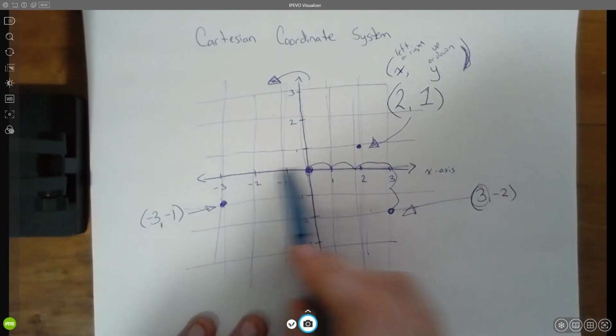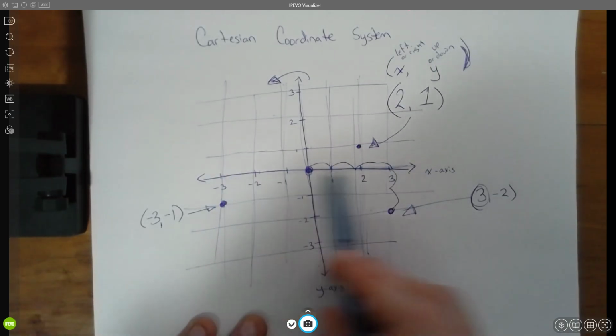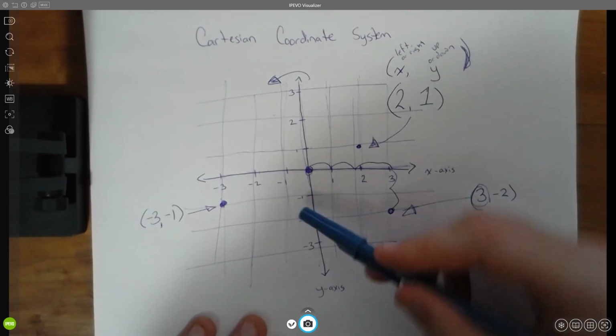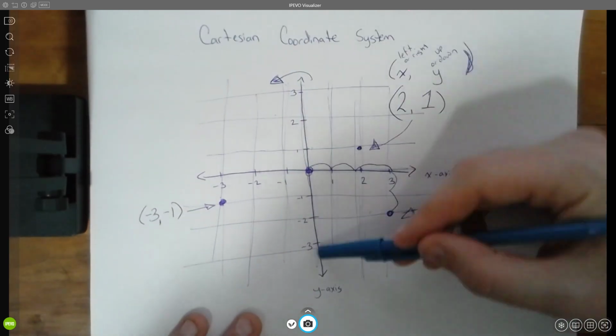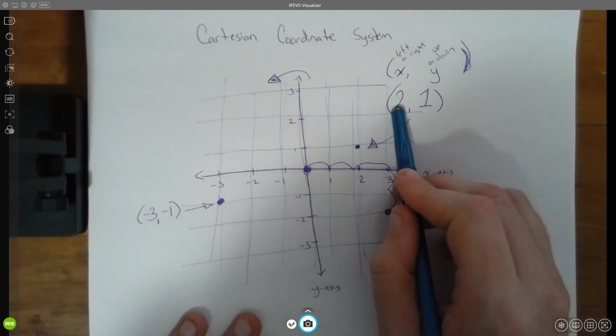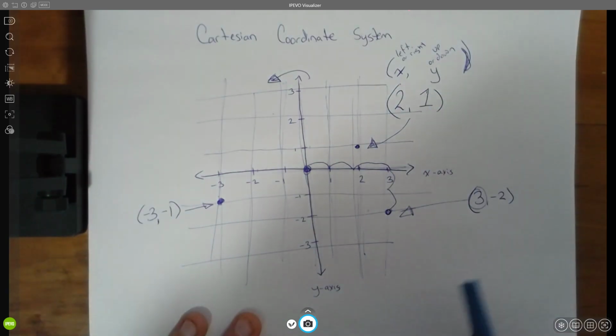The reason why we call it the x-axis is because this goes across from left to right, and our x values go across from left to right. So we call that the x-axis. Whereas this one, going up and down, we call that one the y-axis. And remember that in a coordinate system, we start with our x, and then following that is our y value.